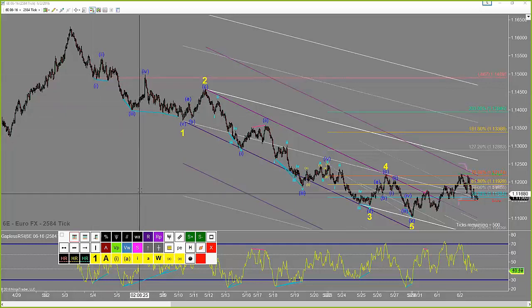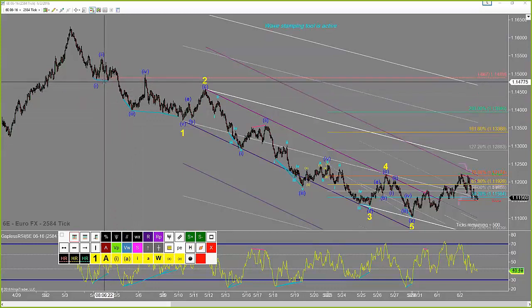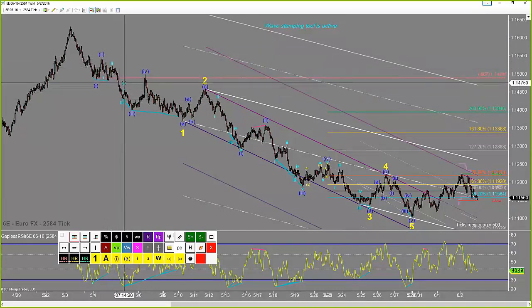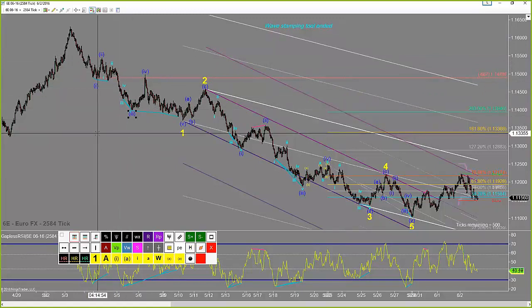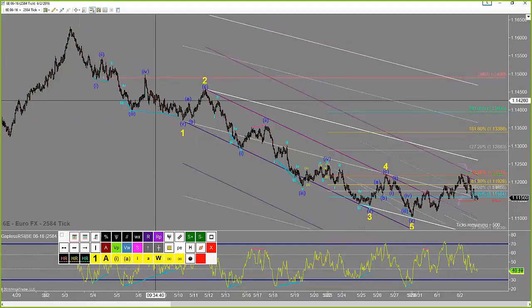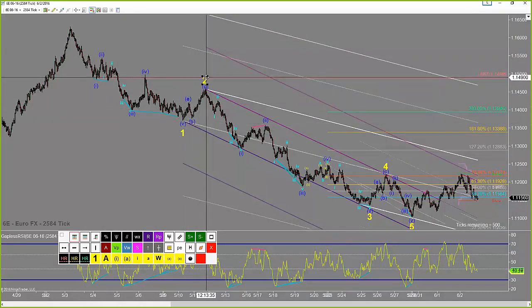All right, and even for wave 3 here, depending on how you want to count 1 and 2, we have a nice 5 down. Okay, so we had 1, 2, 3, 4, 5, and a nice ABC up for wave 2.